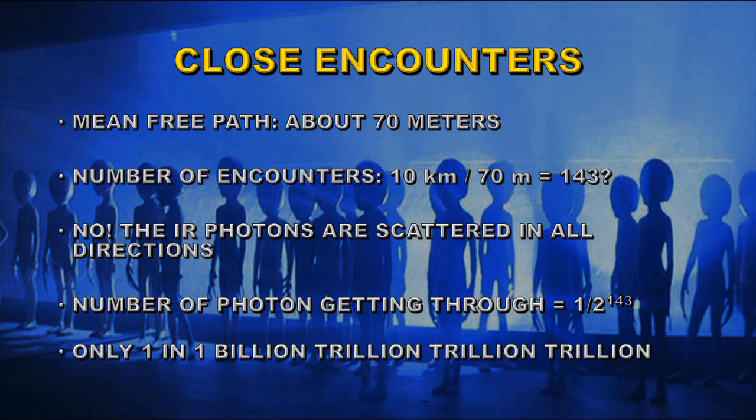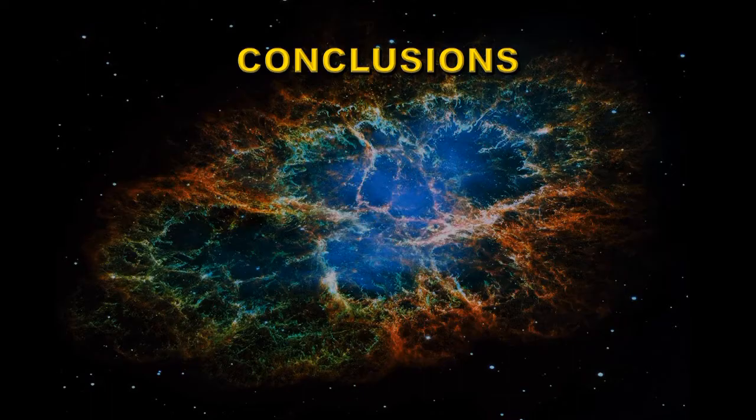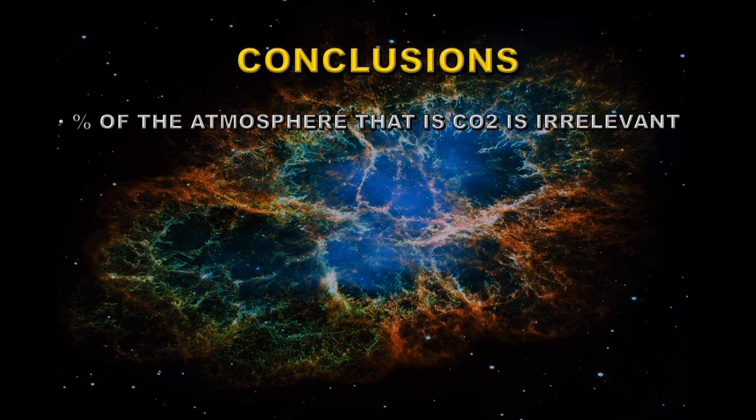So this shows that there's plenty enough carbon dioxide in the atmosphere to be affecting the Earth's radiative balance and hence our overall climate. I think we've shown adequately that the percentage of the atmosphere that is carbon dioxide is irrelevant to the amount of global warming that we have.